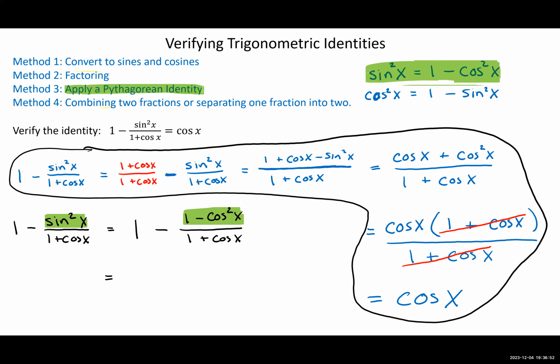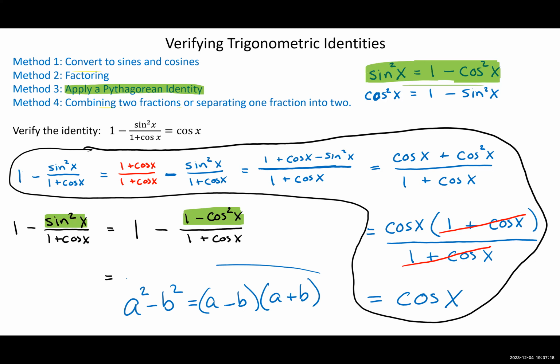All right, what would you do next? Well, we could factor that. That's a difference of squares. Right? We know a squared minus b squared is equal to a minus b times a plus b.